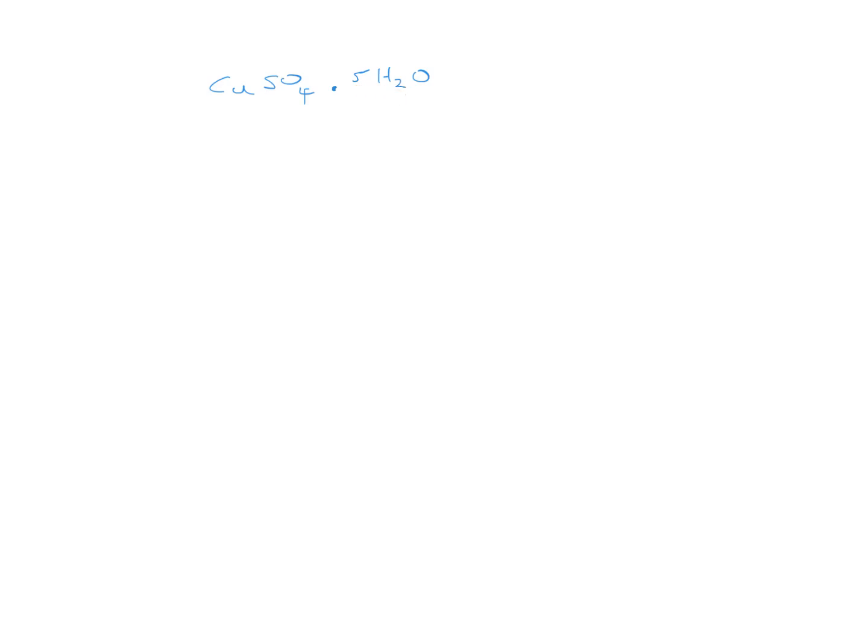Normally there isn't a big number in the middle of a chemical formula. We normally just put the large numbers in front of a chemical formula. So anytime you see a formula, a dot, and then water, that means it contains water of crystallization.